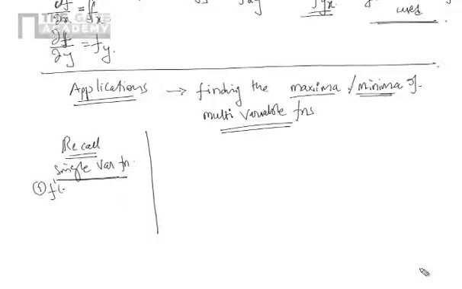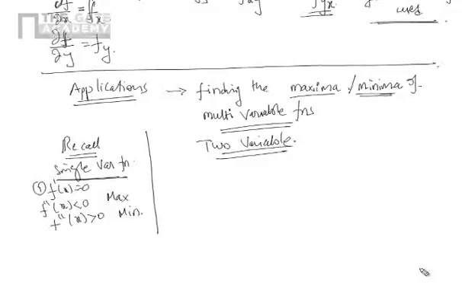We did f dash of x is equal to 0, then f double dash of x less than 0 means maxima, f double dash of x greater than 0 means minimum point, correct? So this is for single variable functions. For two variable functions, let us understand how it will look.